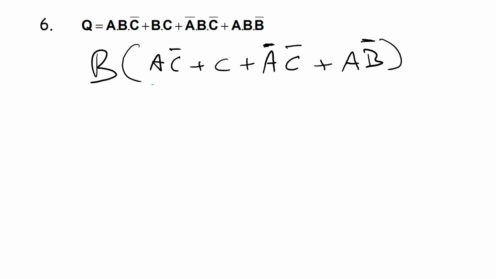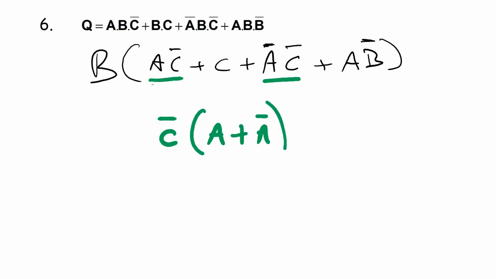Let's do that. So that's not C, then it's going to be A or not A, which of course is 1. So in other words, we can simplify those two just to be not C, which is nice.